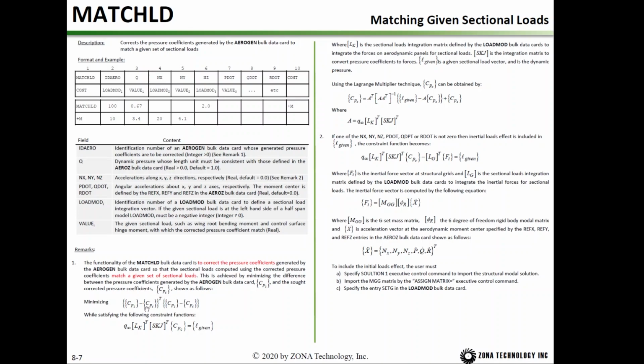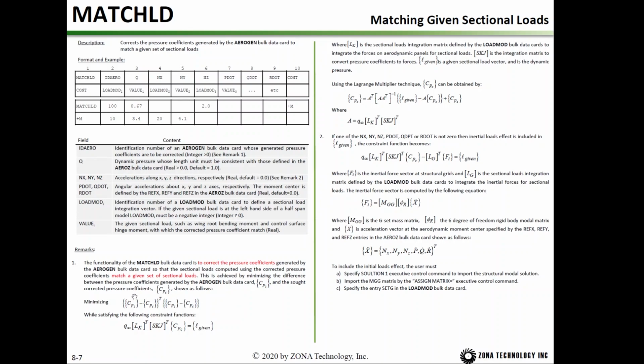The difference between these two sets of CP, we want to minimize. In other words, the match LD uses the Lagrange multiplier method, using a minimum amount of delta CP put on the AEROGEN generated CP.